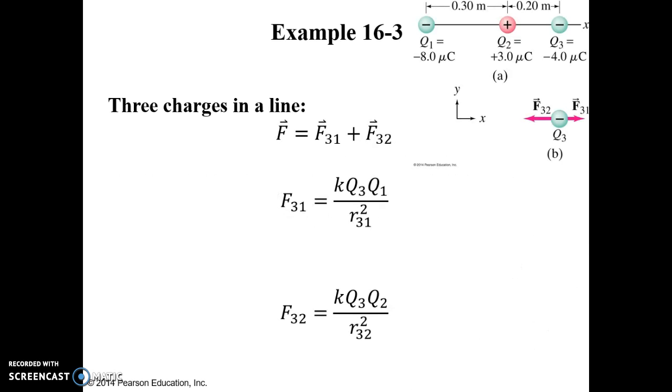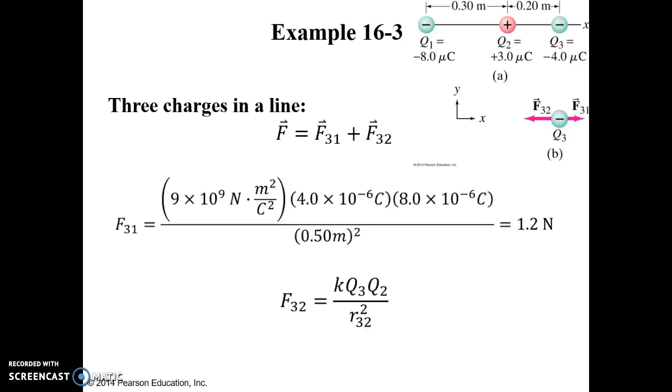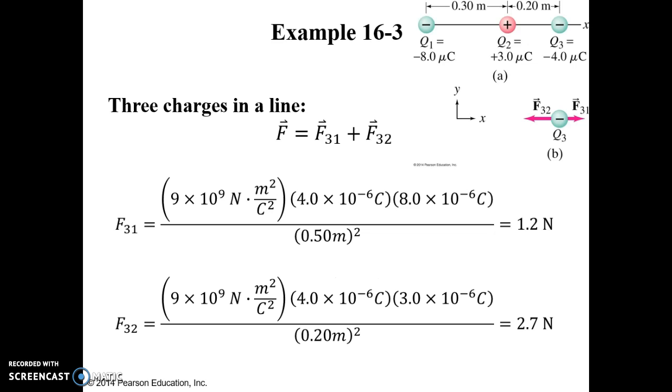So we need to apply Coulomb's law 2 times, one for F31 and the other for F32. First, we plug and chug into F31 and we get 1.2 newtons. Then we plug and chug into F32 and we get 2.7 newtons.